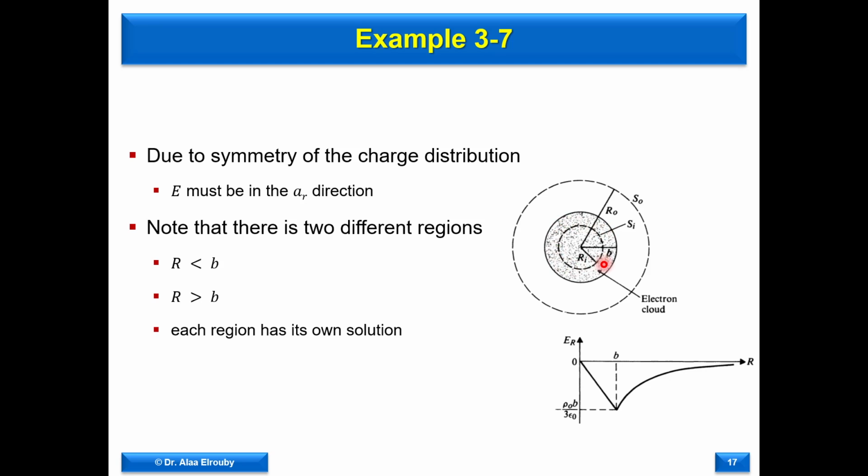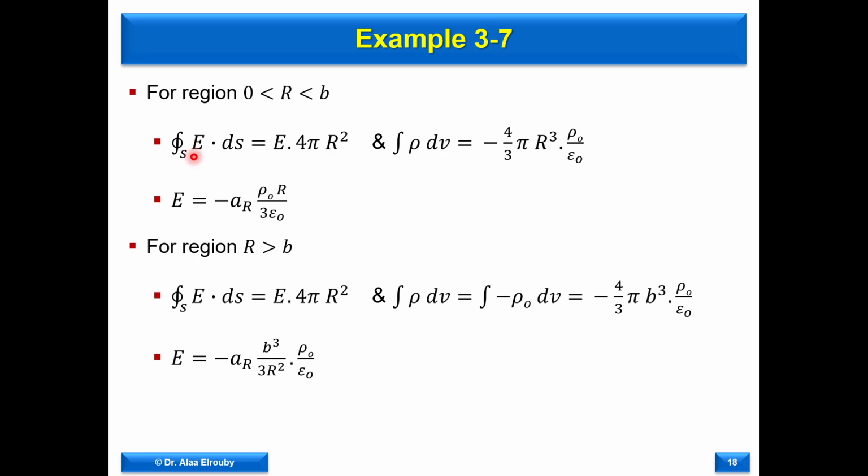And apply Gauss's law. E dot ds: the electric field is uniform along this sphere because of symmetry, so the electric field is also in the same direction as S. So E dot ds will equal E multiplied by the surface, which is 4 pi r squared. The integration of rho d volume equals the volume of this Gauss surface multiplied by the uniform volumetric charge distribution.